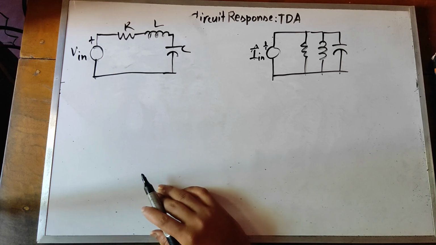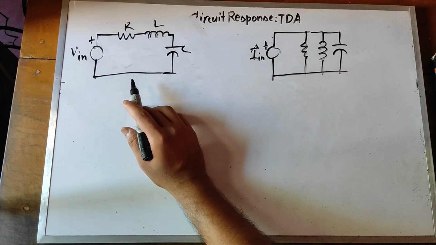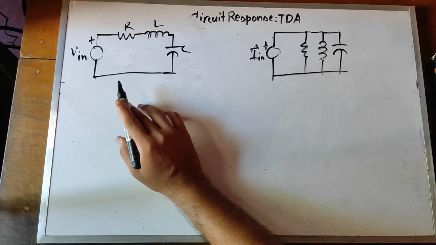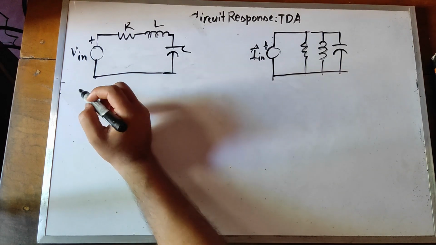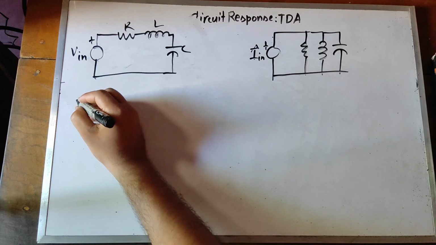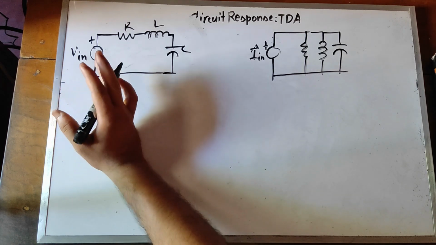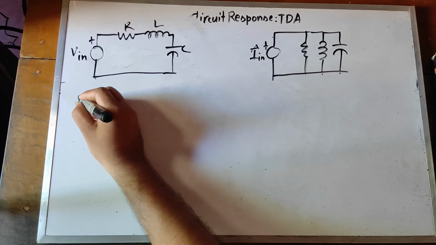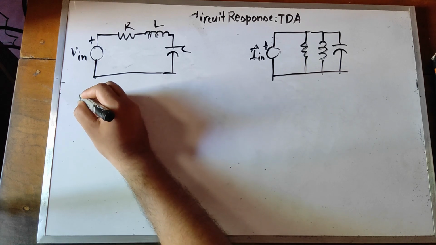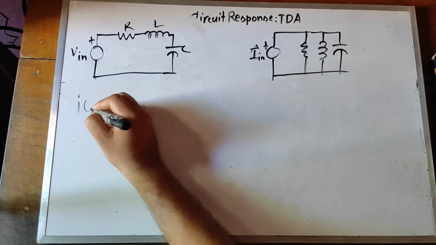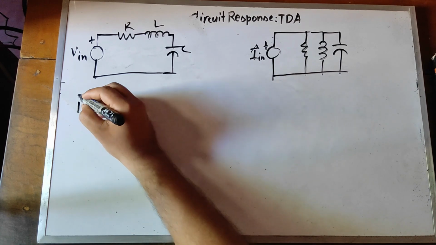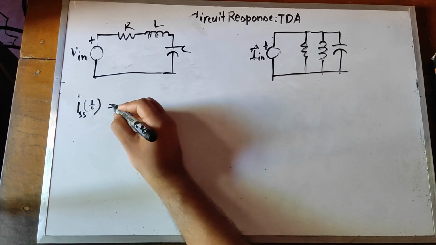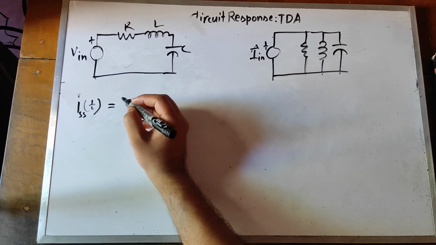So in summary, the circuit response for the series RLC circuit for voltage excitation is the current, and in steady state the current response is I(t). Say this is the steady state response. I am interested in the steady state response.